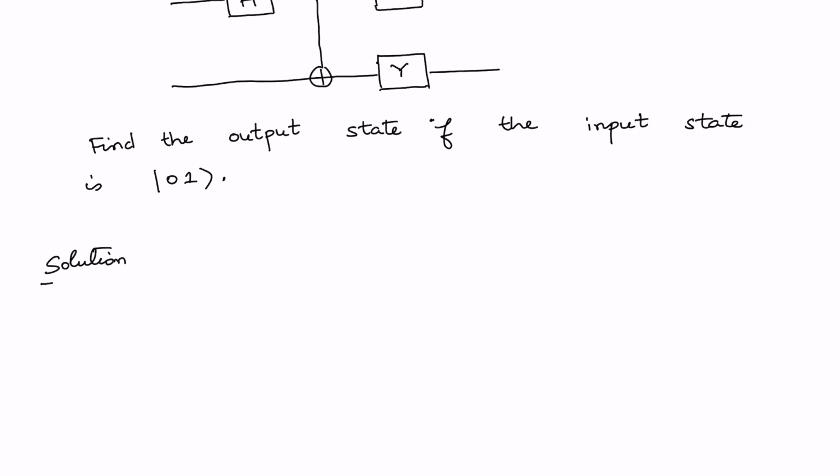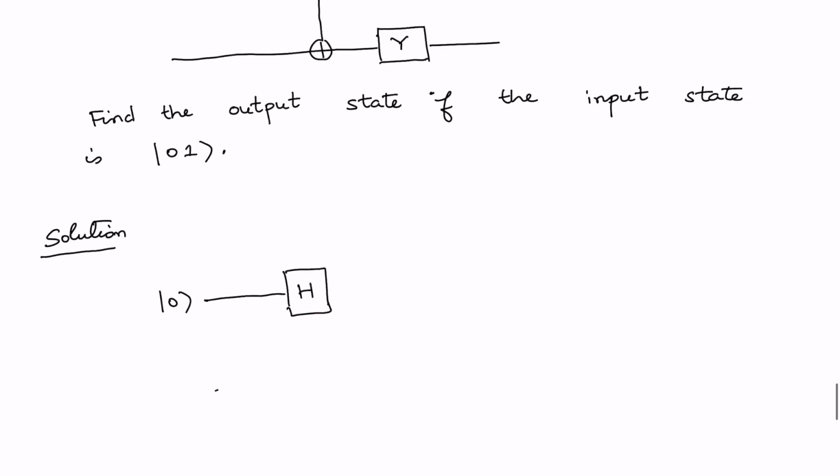First of all, the input state is |01>, so that means in the first line the input is going to be |0>, and in the second line the input is going to be |1>.